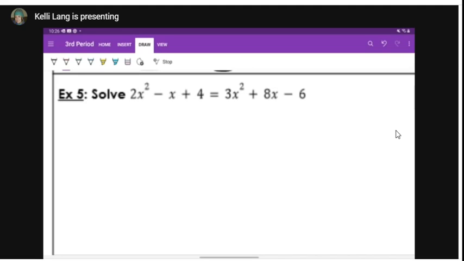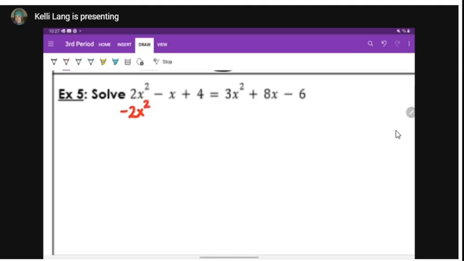Based on the note that I just wrote down about trying to keep a positive x squared, which side should we undo? Kendall? Left and to the right. Exactly right. Kendall says that we should undo the left side.